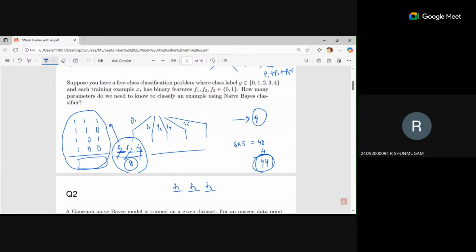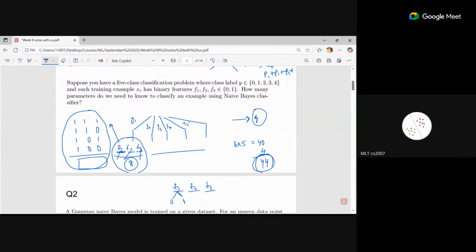So one free variable, one dependent variable in every feature. What do you mean by that?